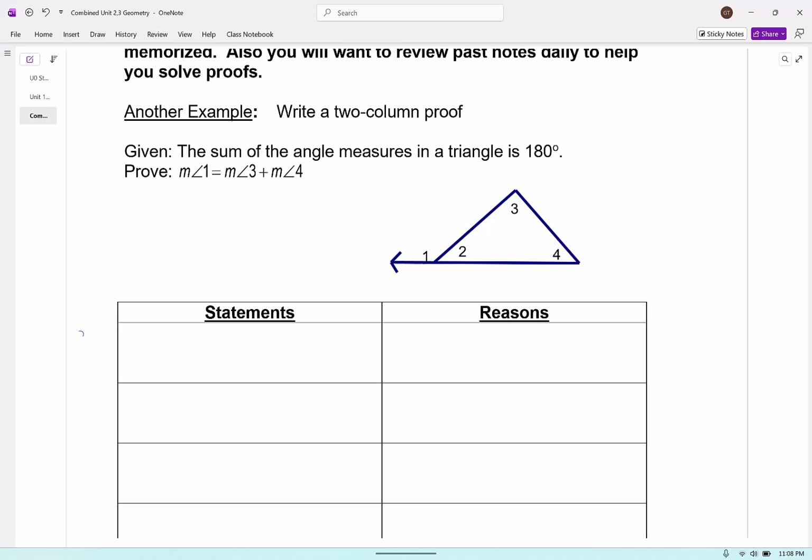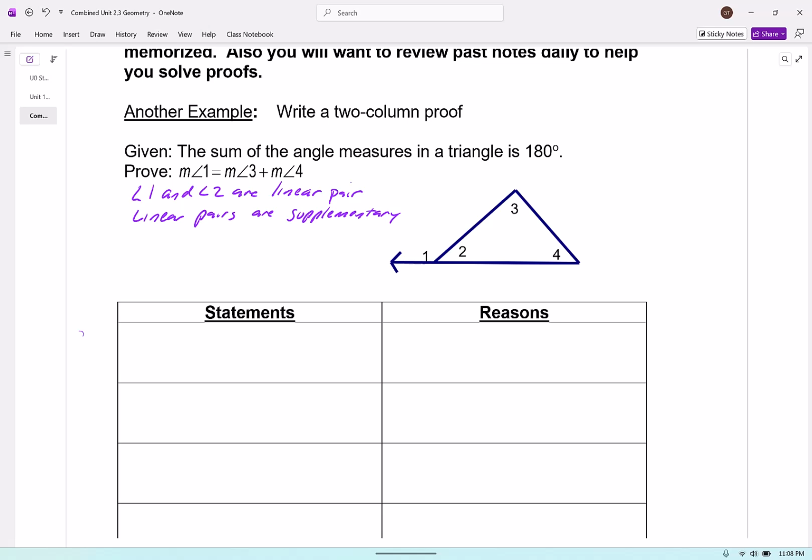I see that angle 1 and angle 2 are a linear pair. I understand what a linear pair is, so I'm able to see that. I also know that linear pairs are supplementary, meaning that they add up to 180 degrees.